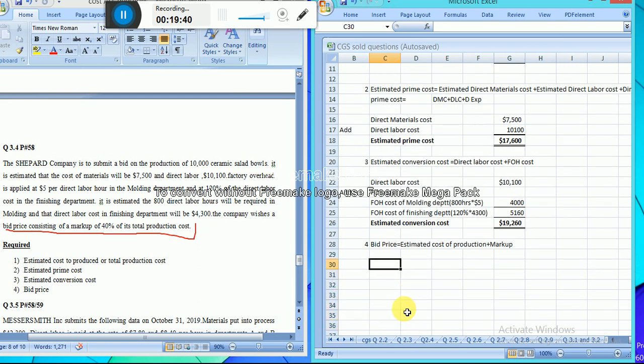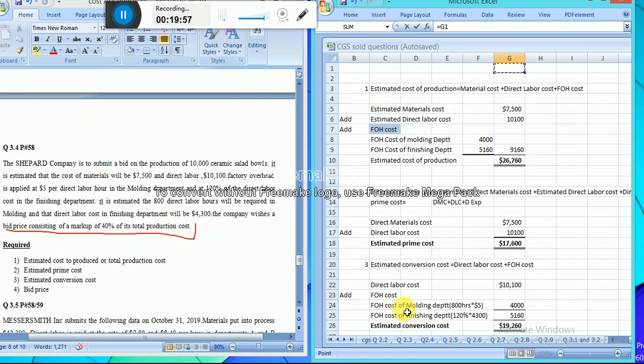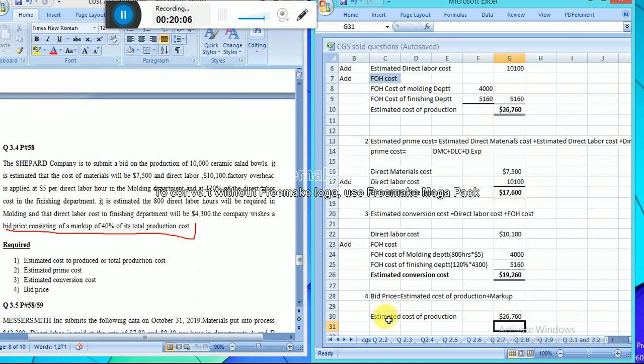The estimated cost of production, which we already found, is 26,760. So to this estimated cost of production, 26,760, we will add the markup.